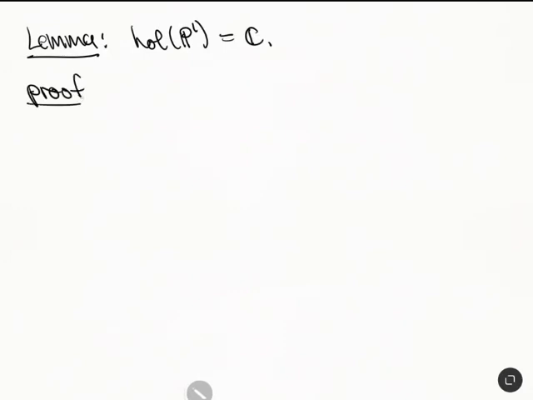Okay, so here's something that's interesting. Lemma, and this is just an incarnation of Liouville's theorem. The holomorphic functions on P1 are just C. So these are all constants. Proof.